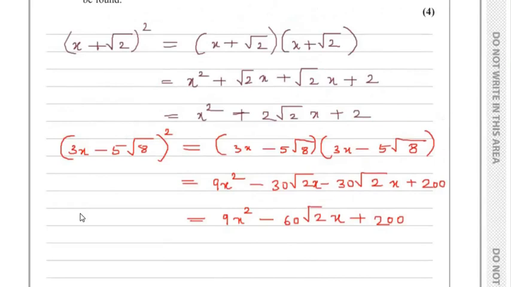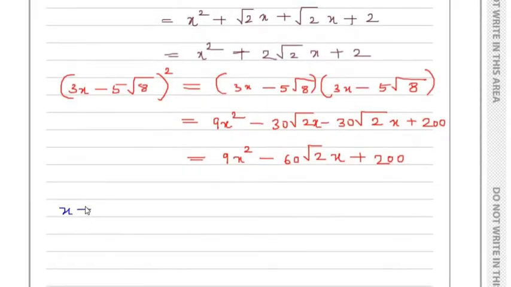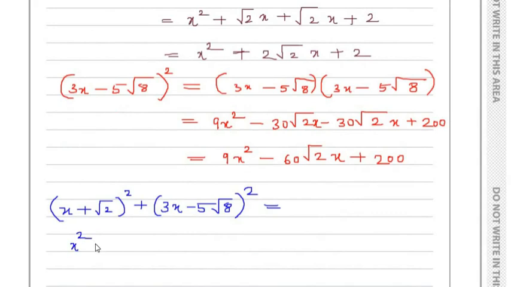So here we have x plus root 2 the whole square plus 3x minus 5 root 8 the whole square is equal to, let me start adding the terms, x square plus 2 root 2 x plus 2 plus 9x square minus 60 root 2 x plus 200.